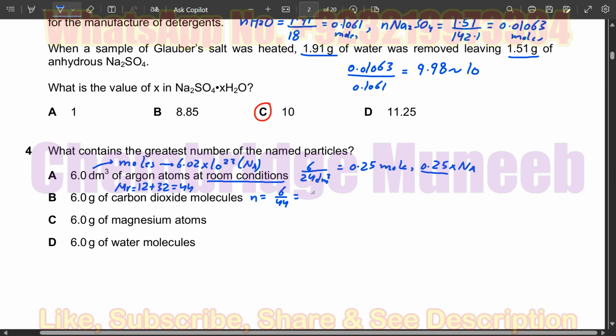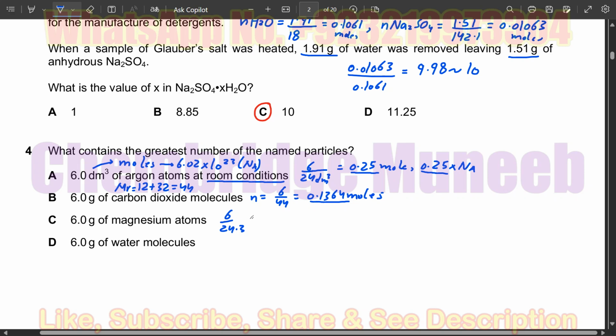The answer is 0.1364 moles. You can easily compare this value with the previous one, 0.25, since it has to be multiplied with NA later on. Then about the magnesium, the relative atomic mass of magnesium is 24.3. So moles will be 6 divided by 24.3.